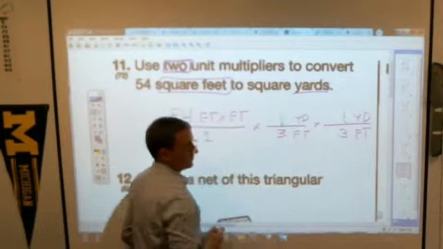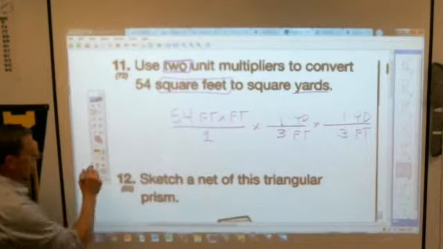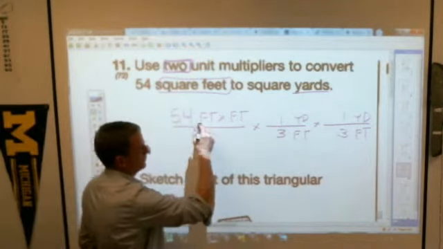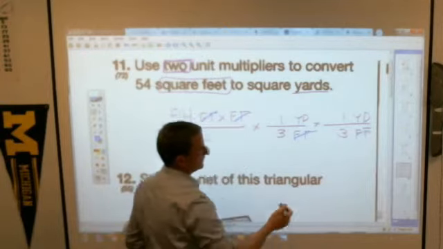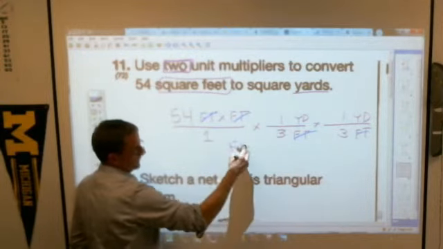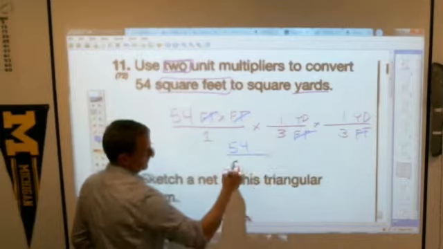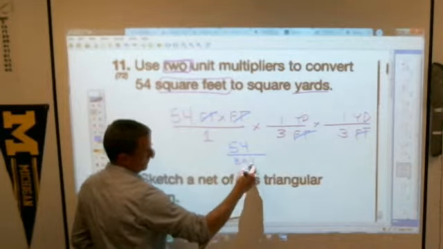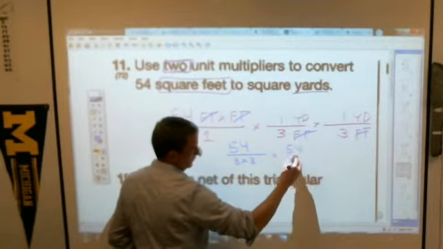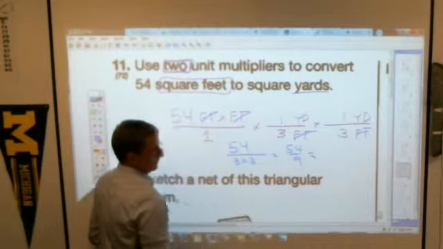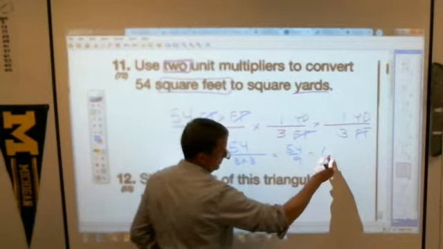By the way, your unit multipliers will always be identical. And then doing the math, feet cross off, 2 feet to 2 feet. We're left with 54 on top, 3 times 3 on the bottom, which happens to be 9. And 54 over 9 ends up being 6.